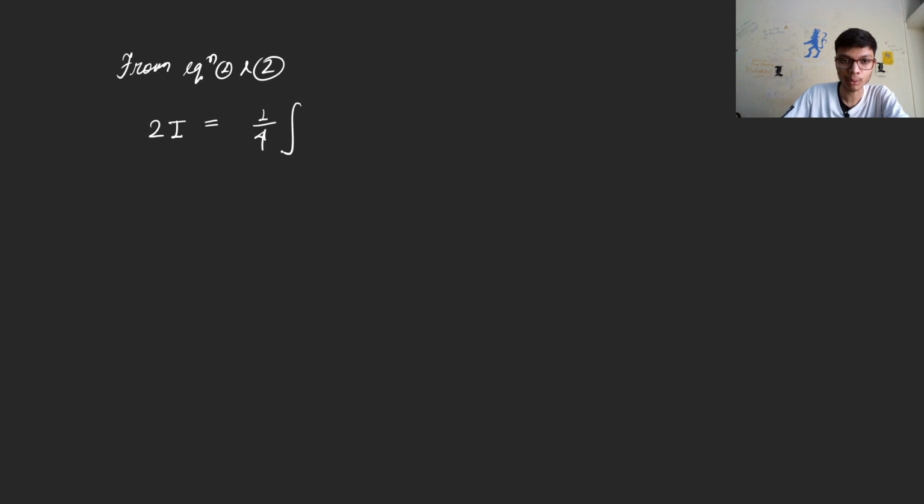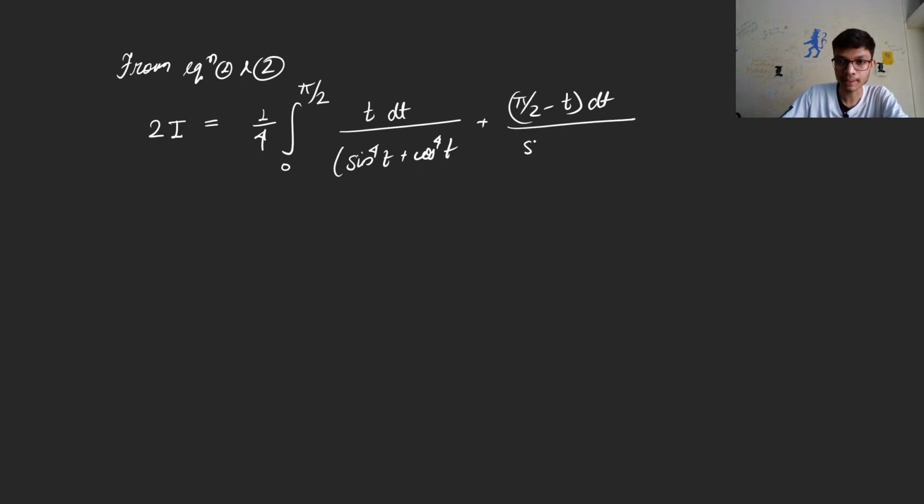So from equations 1 and 2, what I can imply is that if I add both the equations, 1 by 4 is going to be common, and for the integral within the limit 0 to pi by 2, it is going to be t dt divided by sine to the power 4t plus cos to the power 4t, plus (pi by 2 minus t) dt divided by the same thing, that is sine to the power 4t plus cos to the power 4t.